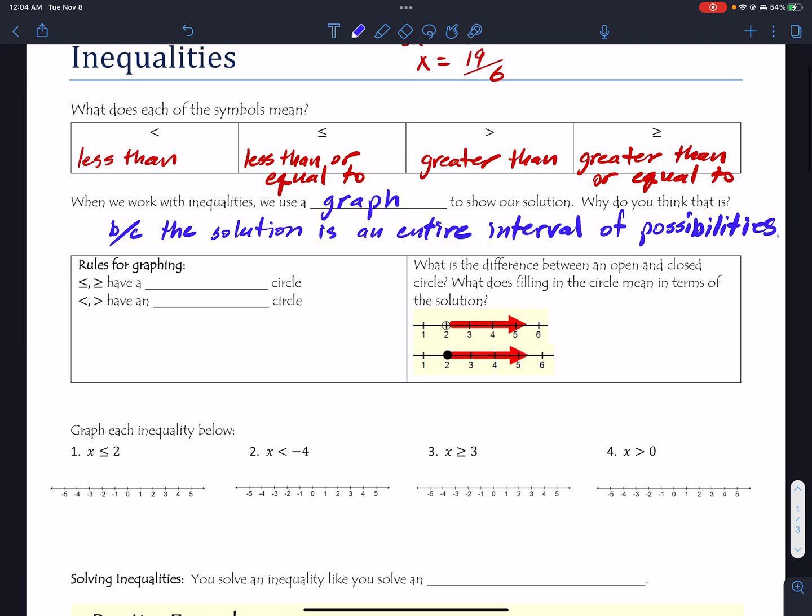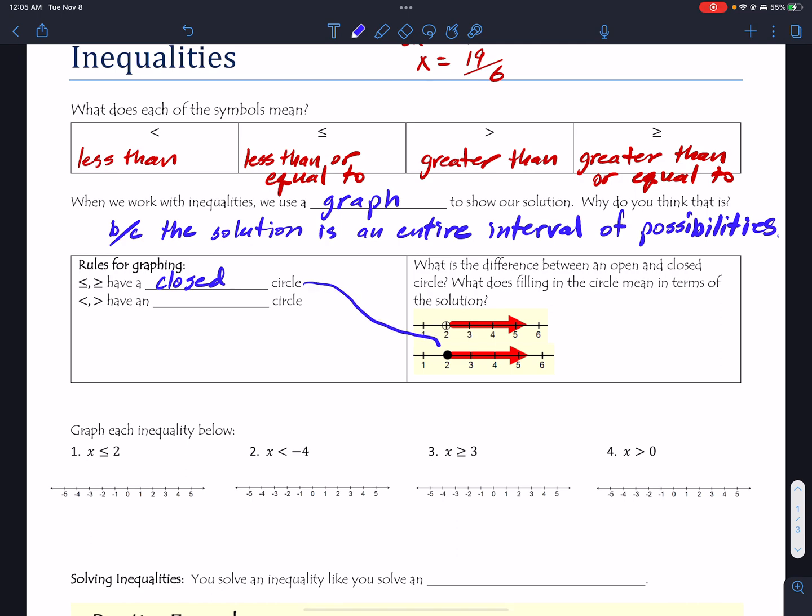The rules for graphing are that when we have less than or equal to or greater than or equal to, you have a closed circle, a closed dot, like this one.